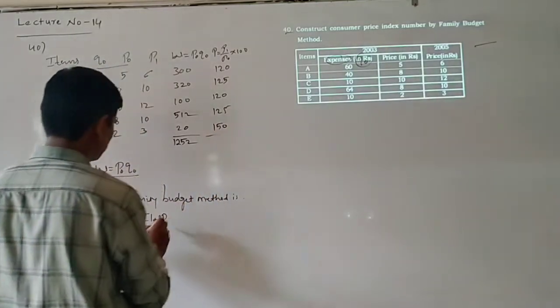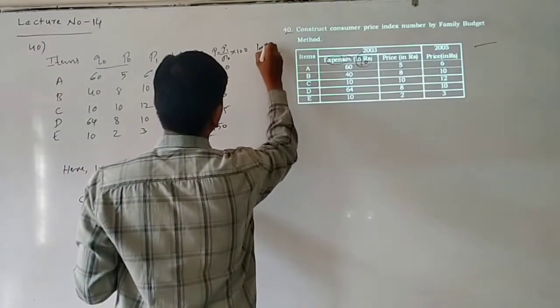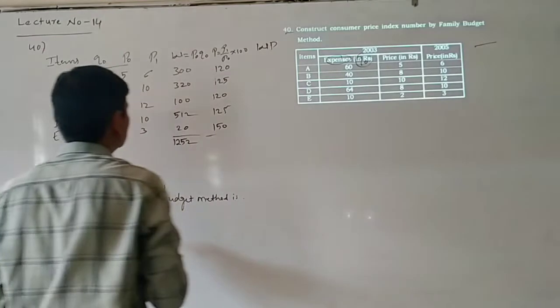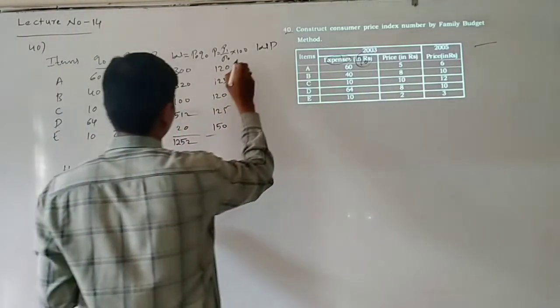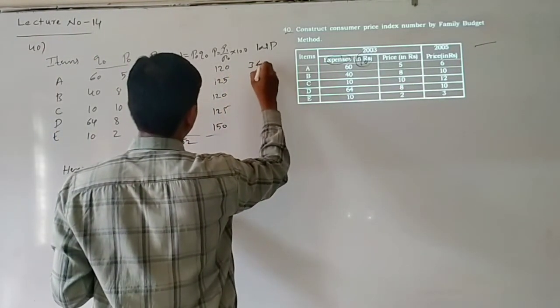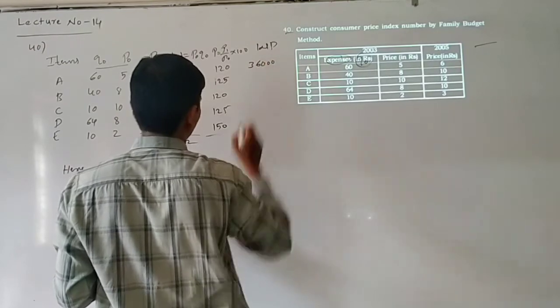Here we have to multiply W into P, this into this. 300 into 120 is 36,000.